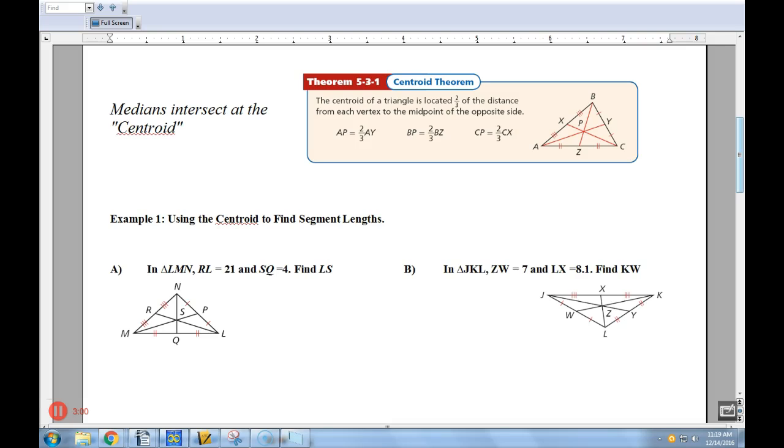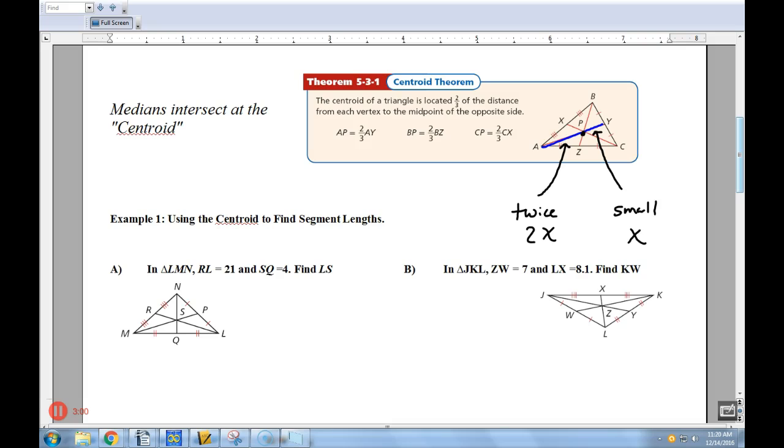So for instance, if I focus on this median right here, AY, the centroid is at a certain spot that, regardless of however long these two pieces are, they always have the same relationship, in that this piece is going to be twice as long as the small piece over here. So if we call the small piece X, this piece is going to be 2X. It's going to be twice as big.